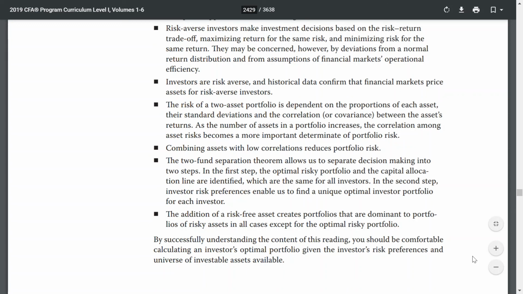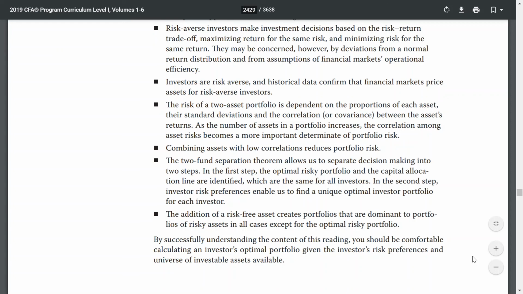The two-fund separation theorem allows us to separate distinct decisions into two steps. In the first step, the optimal risky portfolio and the capital allocation line are identified, which are the same for all investors. In the second step, investor risk preferences enable us to find a unique optimal investor portfolio for each investor.